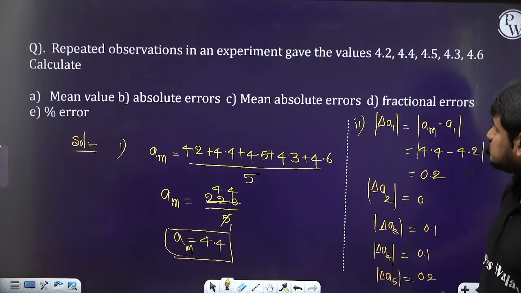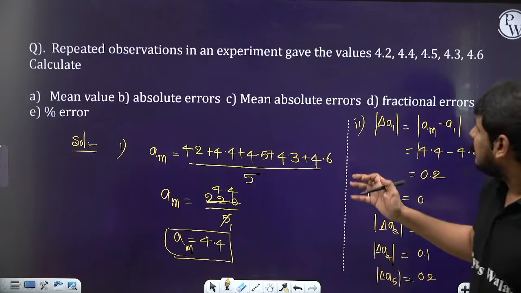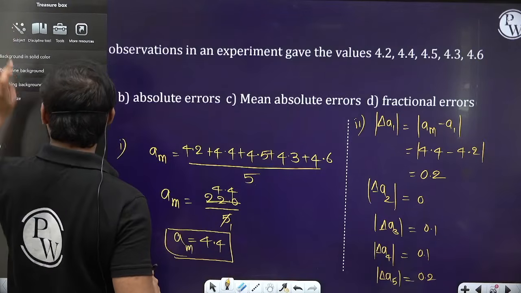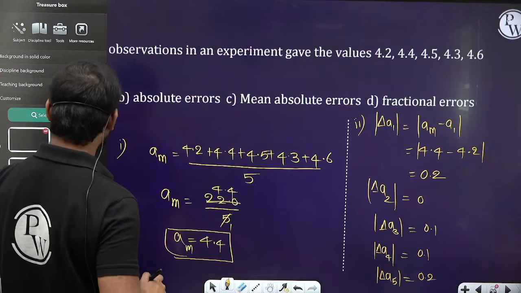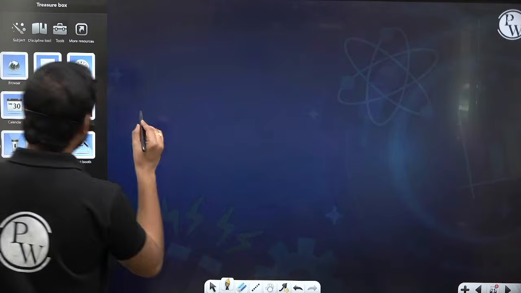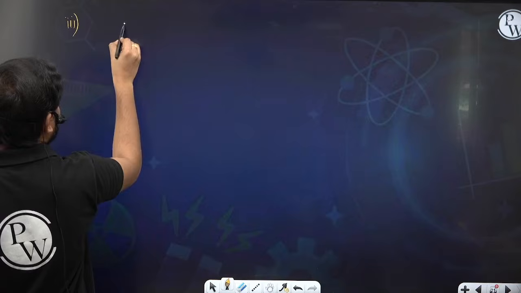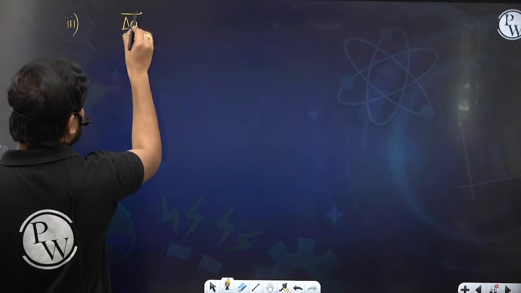So in the third case, what is required? It's the mean absolute error. Add all the errors and divide by the number of readings. So the third one, the mean absolute error, is delta A bar.